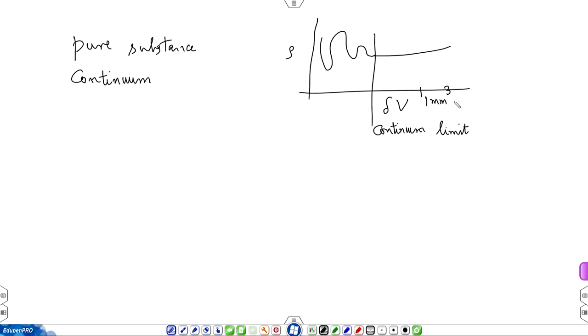Okay. So, if you are in the continuum scale, then what are the laws of physics that hold at this scale?